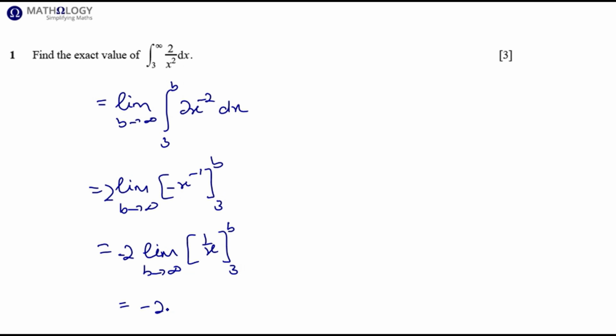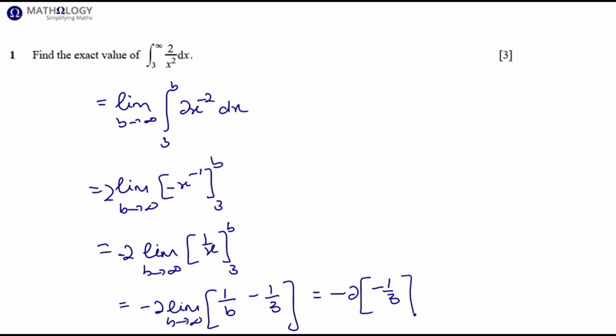That's minus 2 times the limit as b approaches infinity of 1 over b minus 1 over 3. That equals minus 2 times, now when b approaches infinity, 1 over infinity is 0, and we just have minus a third. So that equals 2/3.